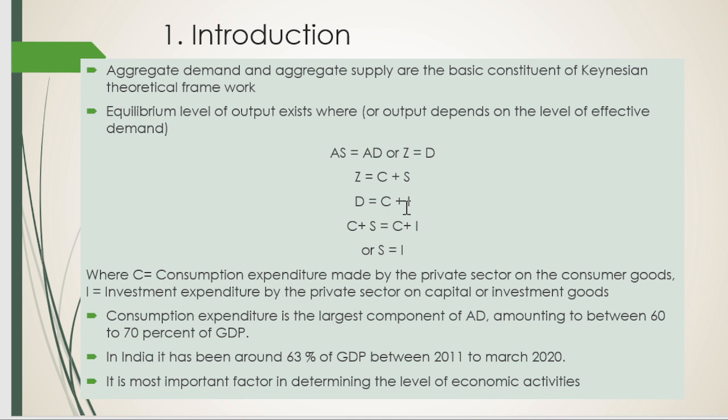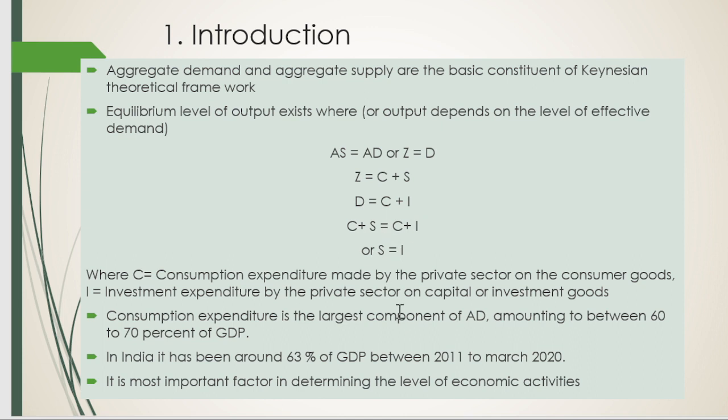Equilibrium in the economy exists where aggregate supply is equal to aggregate demand, that is, where consumption plus saving is equal to consumption expenditure plus investment expenditure, or where saving is equal to investment, because consumption is common on both sides.